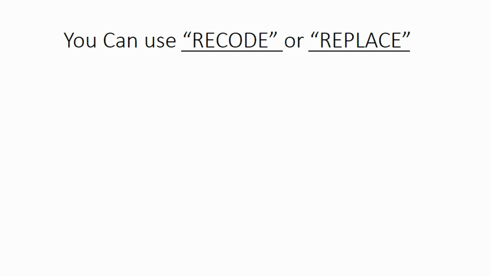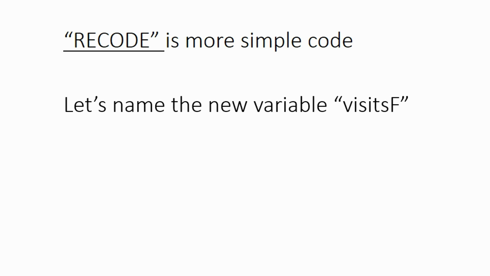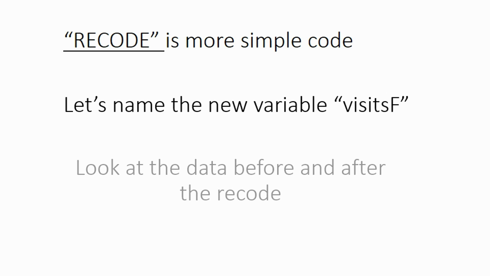Now we can use recode or replace exactly as we learned it in prior videos. Recode has simpler code, but we're going to add some properties to the recode command in this video. Let's name the new variable visits f, for frequency, meaning we're labeling the frequency of the visit.